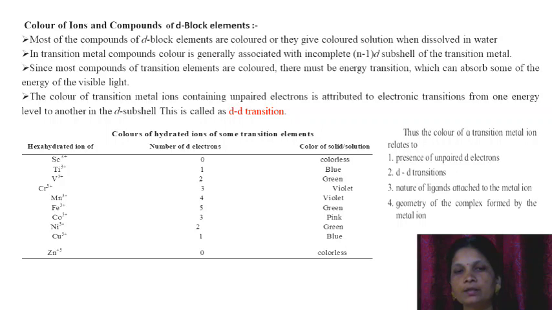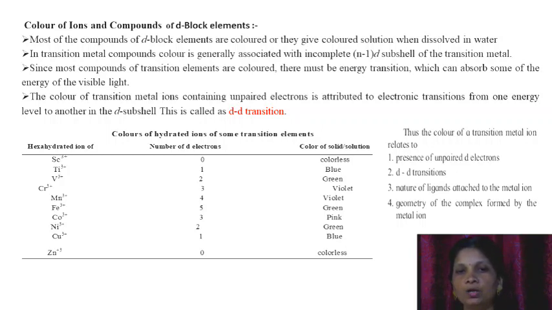Now let us discuss the table wherein we can see the color of hydrated ions of some transition elements. Here, for hydrated ions of Sc3+, the number of d electrons is 0 and the color of the solid or solution is colorless. If the number of d electrons is 0, we will have a white or colorless compound. If the number of d electrons is 1, we see blue color.